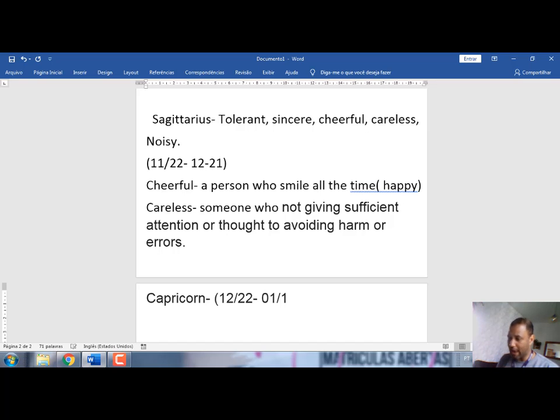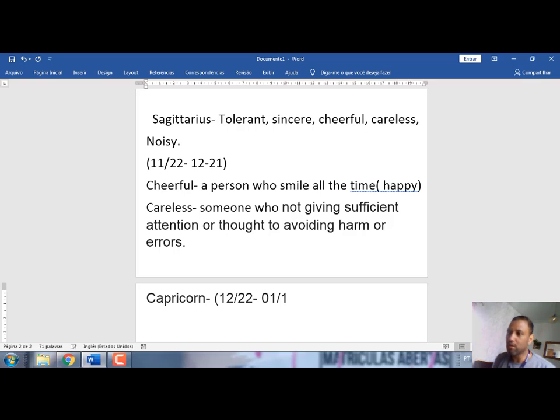You have a friend who is Aries. You have a relative who is Aries. Maybe one of your parents is Aries. So pay attention, try to remember. Is this person energetic? Brave? Selfish? Impatient? These are characteristics according to the horoscope signs. This is the characteristic of Aries. I don't believe this, but they used to say this.